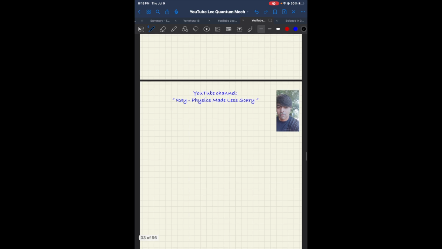So the point is to solve this equation, which we have seen a few times now, plus the potential term.